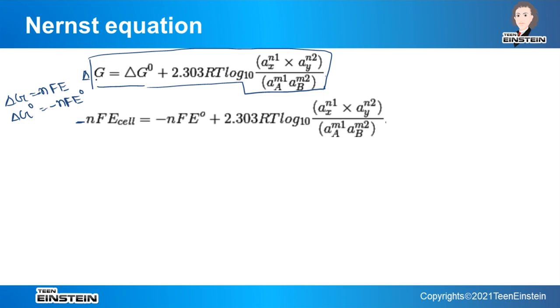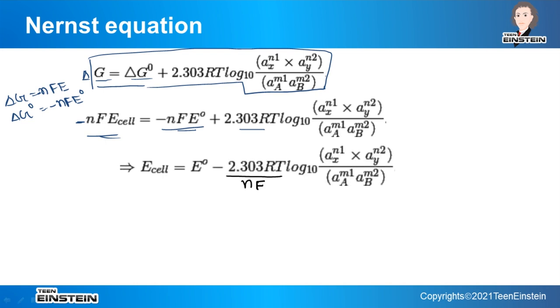So now we have written the value of del G and del G naught here. The rest of the equation has no change. Now both sides we will divide by NF, then NF will be cancelled for these two terms, and in the denominator of this term there will be NF.